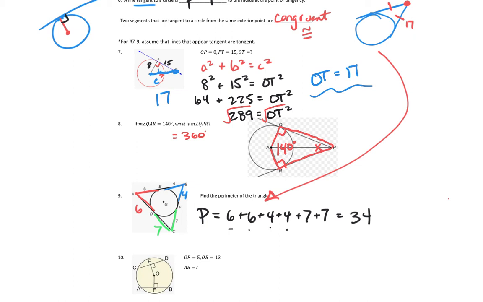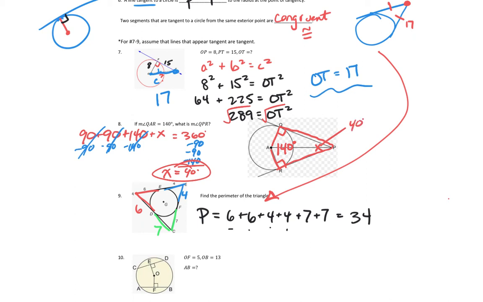If one angle's 90, another angle's 90, and the other angle's 140, we can figure out that missing angle with a little subtraction. So you'd be subtracting: minus 90, minus 90, minus 140. And x equals 40 degrees. So that angle right there should be a 40-degree angle, and life is good.